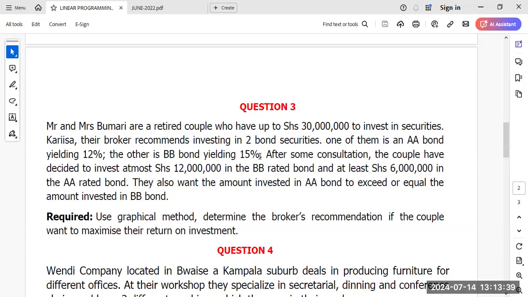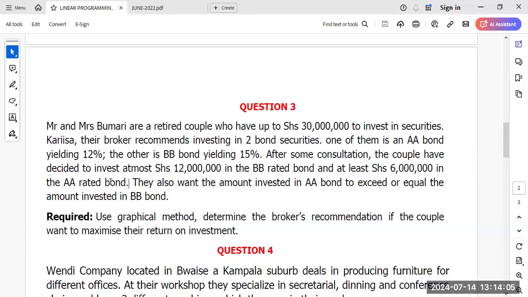After some consultation, the couple have decided to invest at most shillings 12 million in the BB related bond, and at least shillings 6 million in the AA related bond.